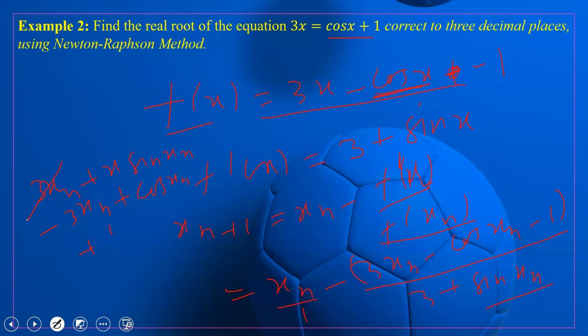The minus and plus 3xn terms will cancel. So what we are getting is xn sin xn plus cos xn plus 1 divided by 3 plus sin xn. Now we will simplify like that.